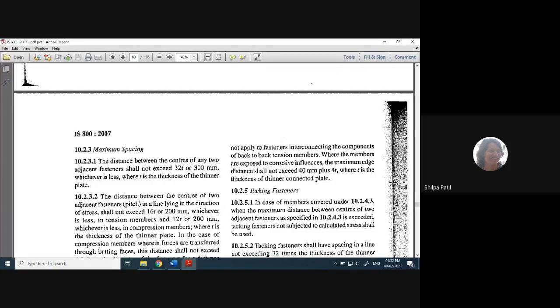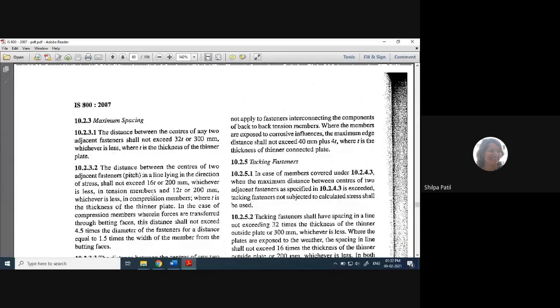If you are designing the connection for a specific member like a tension member or a compression member, we have to use this criteria. 10.2.3.2: the distance between the centers of two adjacent fasteners, pitch, in a line lying in the direction of stress shall not exceed 16 T or 200 mm, whichever is less, in tension members, and 12 T or 200 mm, whichever is less, in compression members, where T is the thickness of the thinner plate.